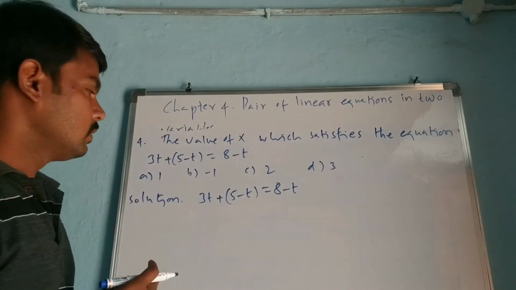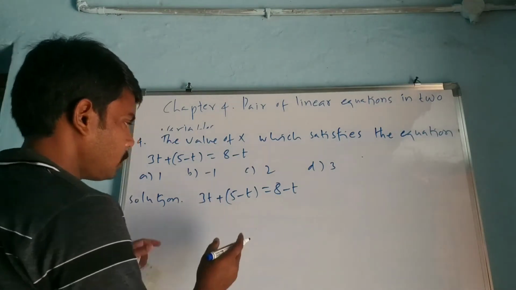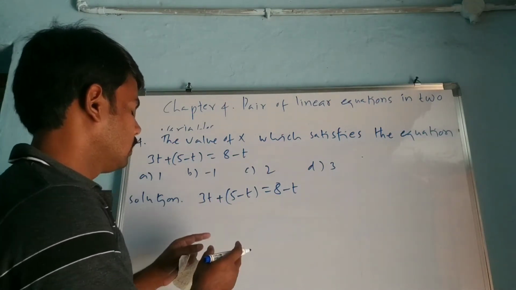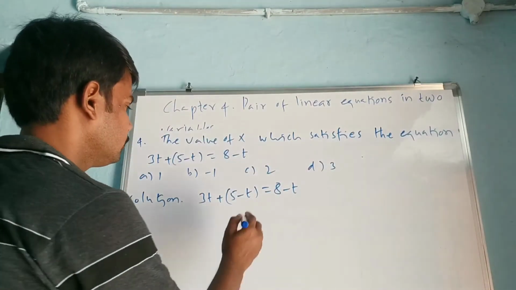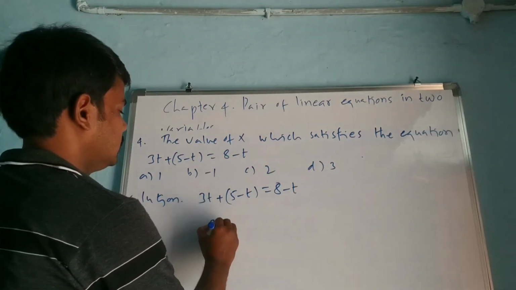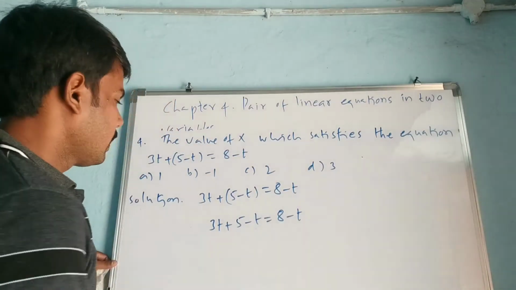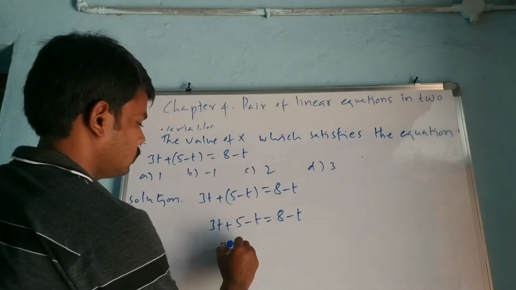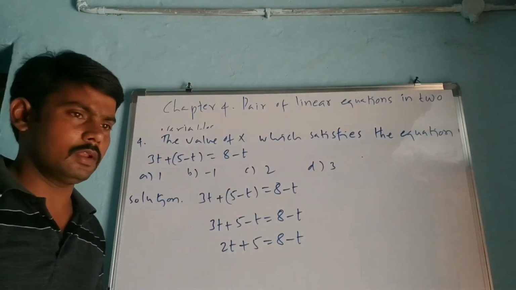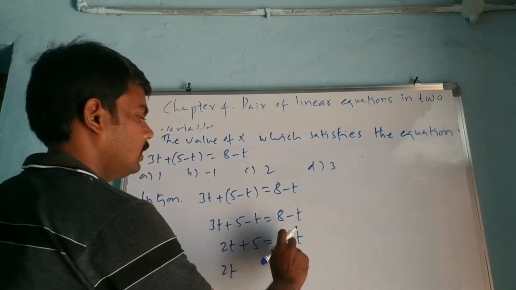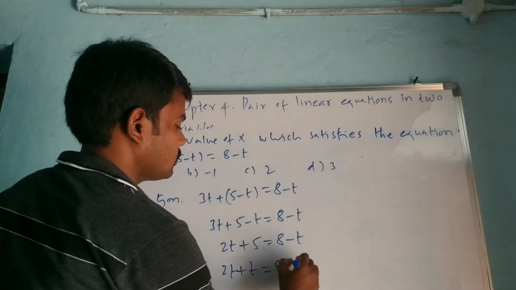First of all, we rearrange or transform the terms and simplify: 3t minus t is 2t, so 2t plus 5 is equal to 8 minus t. Now the minus t comes to the left side and becomes plus t, and the 5 goes to the right side and becomes minus 5.